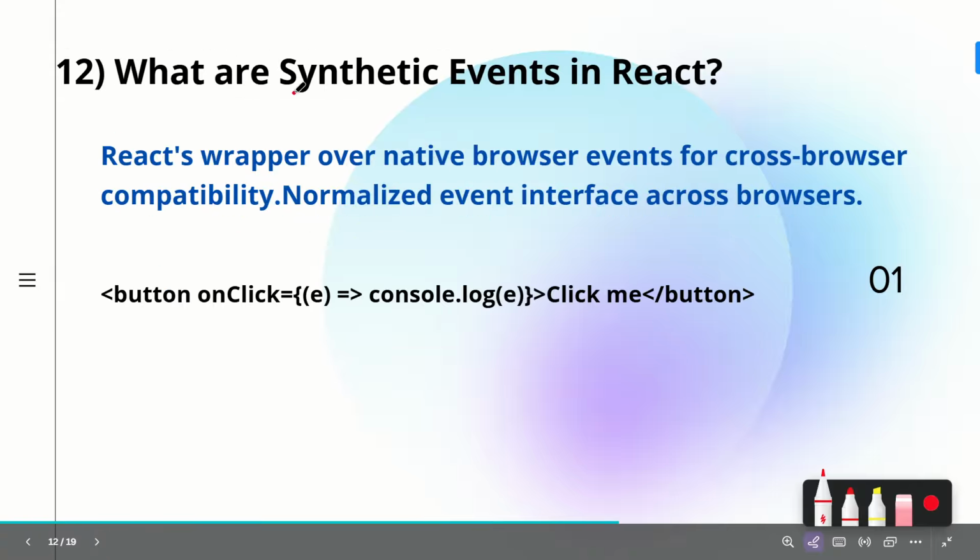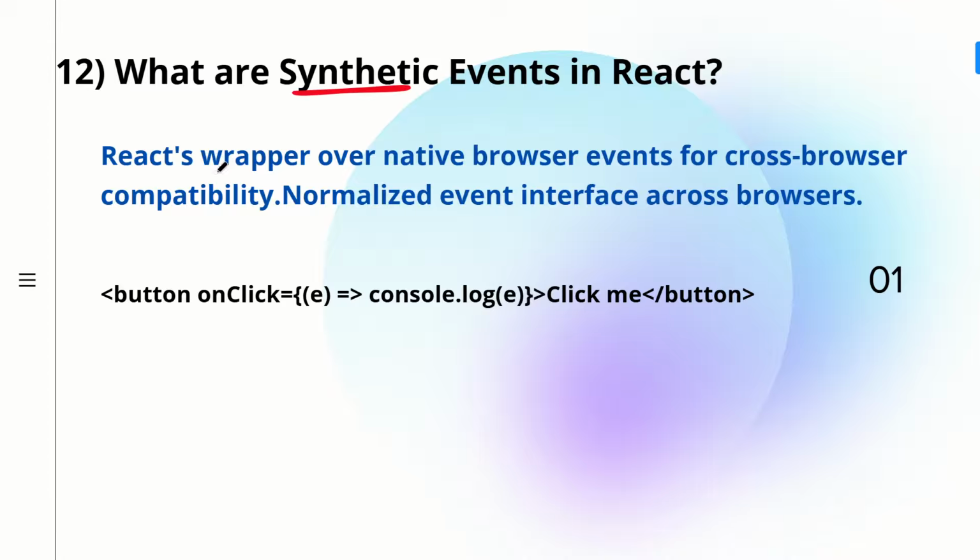Let's see the next question. What are synthetic events in React? Synthetic events are React's wrapper over the native browser events for cross browser compatibility. There are multiple browsers and a few native browser events. React provides the wrapper for these events so that there is no problem that some events work in one browser and not in another.